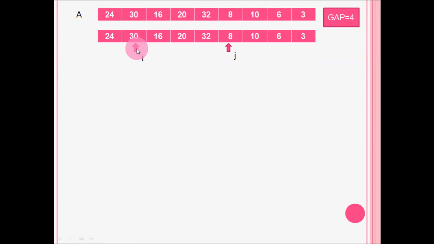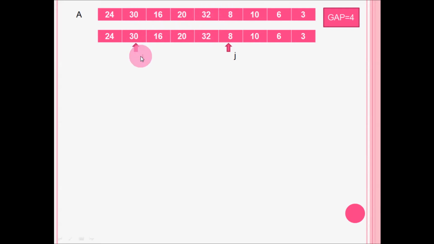See, first of all I is here, and with the gap of 4, that is 1, 2, 3, 4, J is here. I is less than 32, so no swapping is needed. We just increment I by 1 and J by 1.